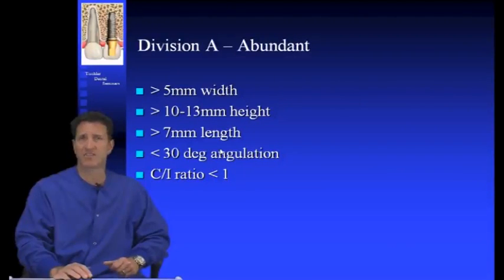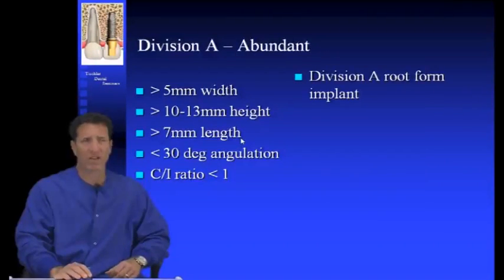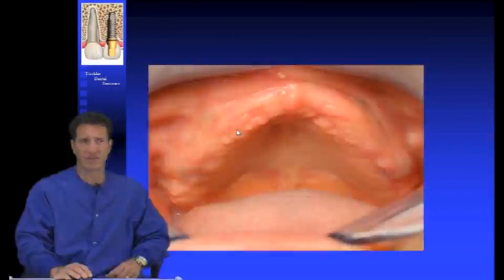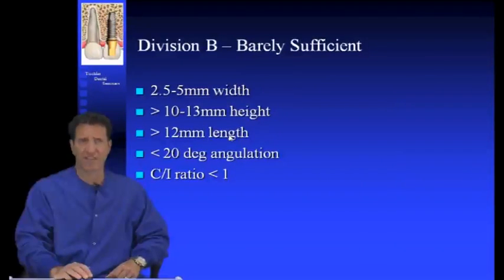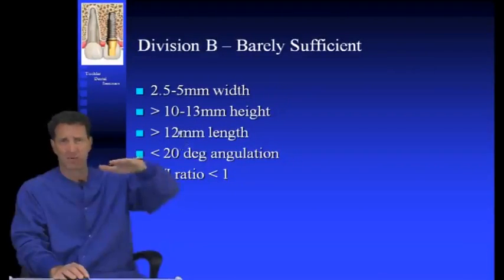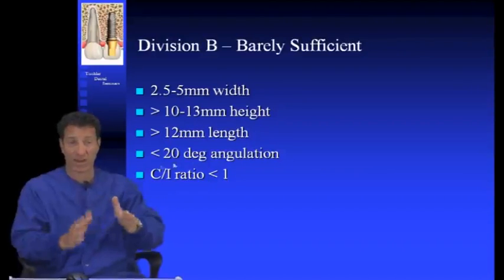As you get into Division B bone, according to Misch's classification, there is less height, less length of bone available, and more angulation. So all of a sudden, we have a more compromised situation. In a situation like this, where you don't have a lot of width, you may sometimes do osteoplasty to lower the bone, because as you lower bone, it gets wider in general.